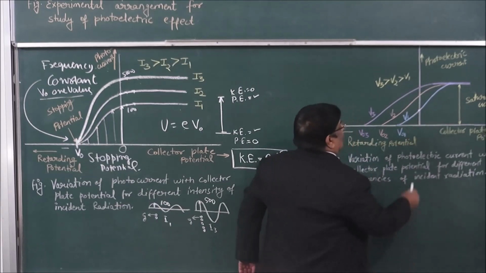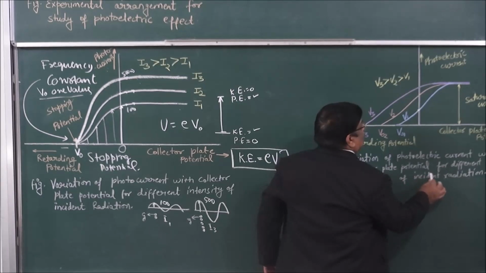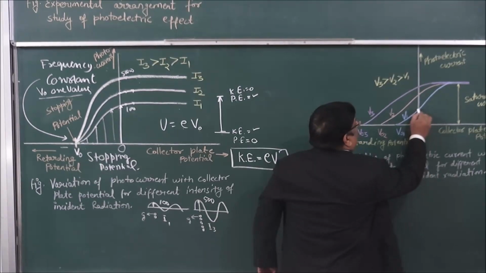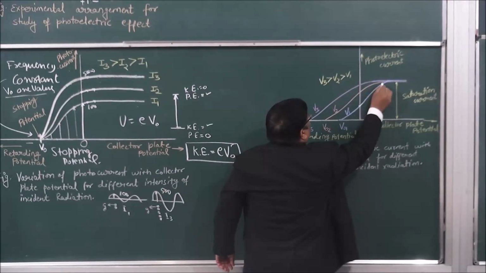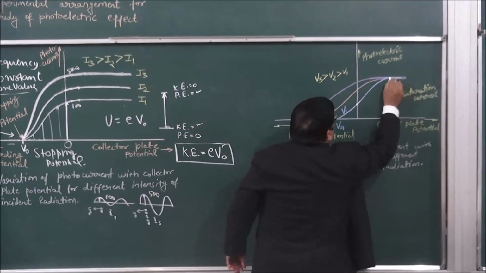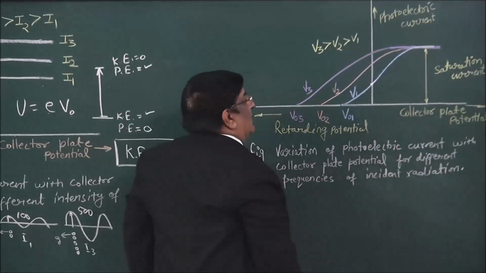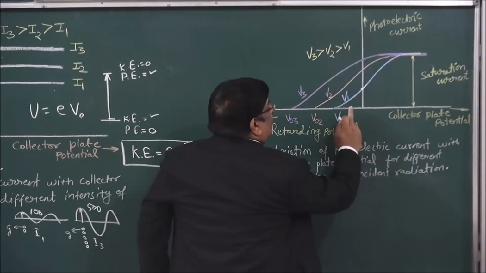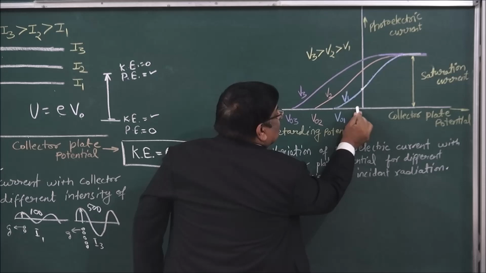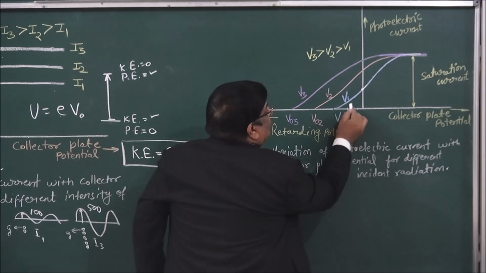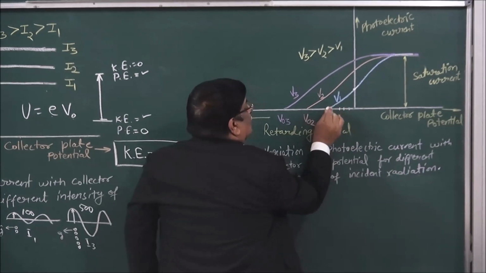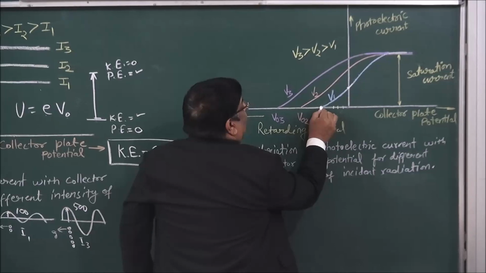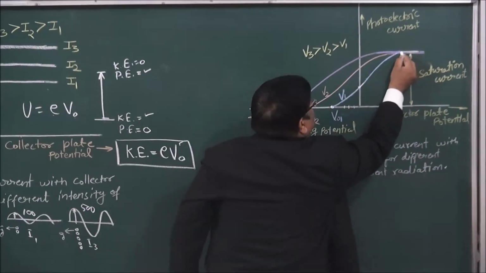When I increase the voltage, the current increases and then becomes saturated. When I decrease the voltage between the plates, the current goes on decreasing, and at a particular potential, the stopping potential, the current becomes 0. So this is the same graph I got.